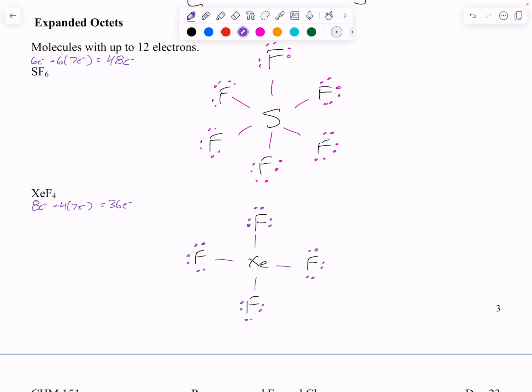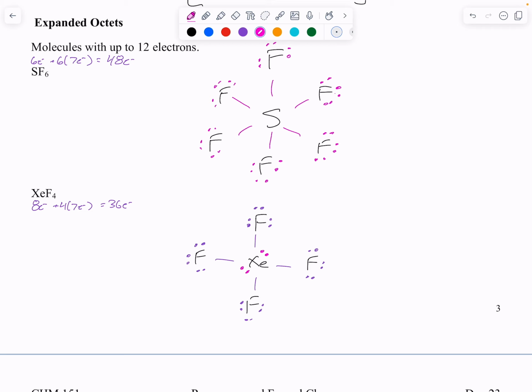There are some more electrons: 34, 36. Extra electrons go on the central atom as lone pairs. And there you go, there's xenon tetrafluoride. It works. It has 12 electrons around the xenon.